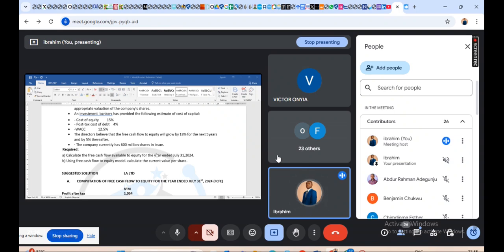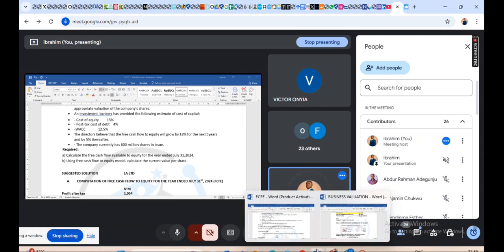And again, there is a growth rate on a yearly basis. How will you do that? The best way is to bring them out so that you understand what you are doing. Bring them out and do it this way.